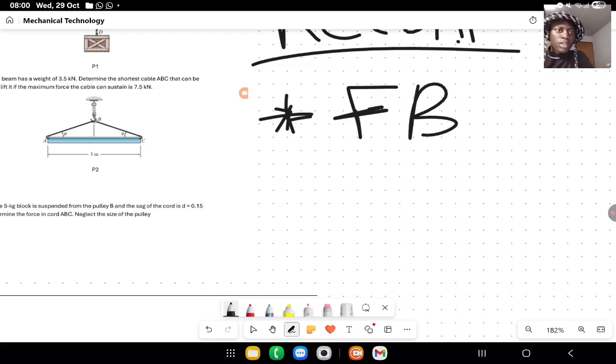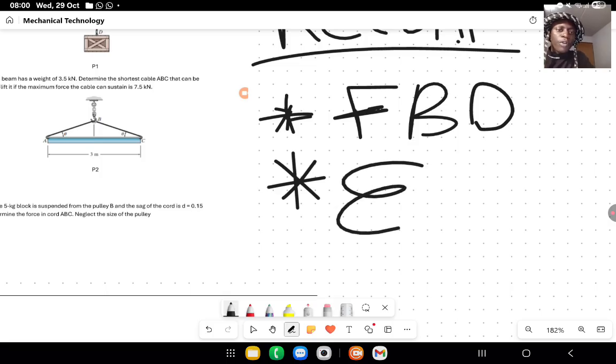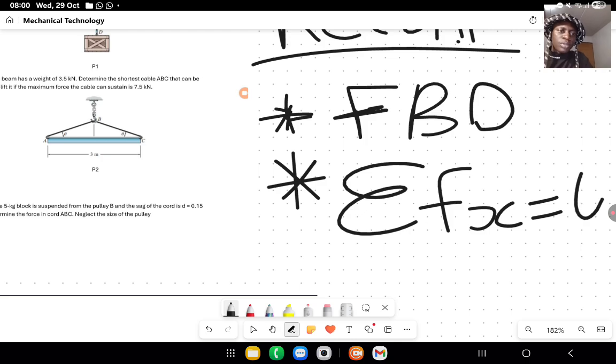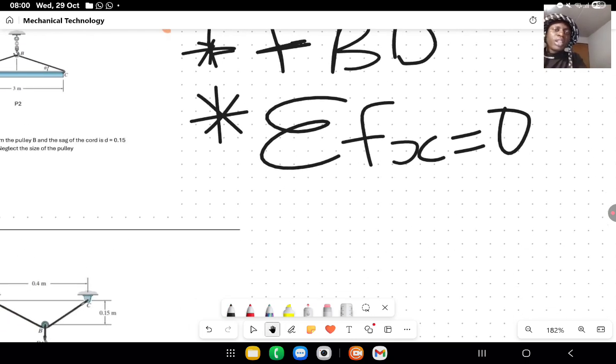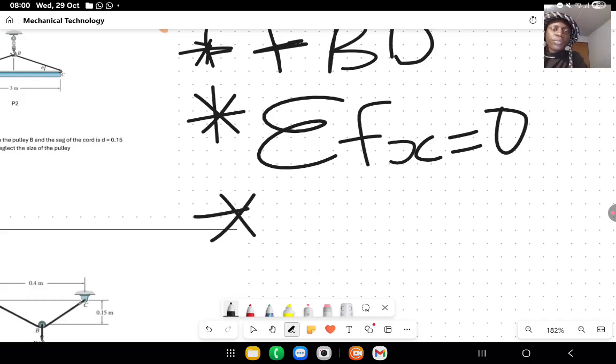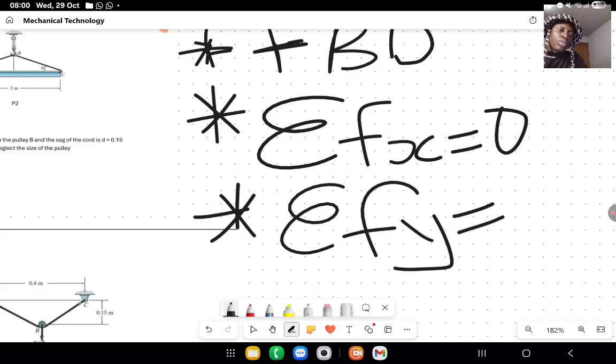We have the condition which says the sum of horizontal forces must be equal to 0, and the sum of vertical forces must also be equal to 0.